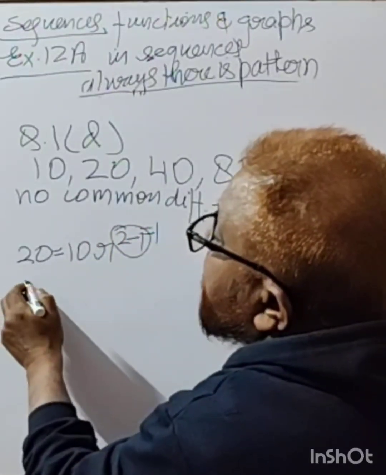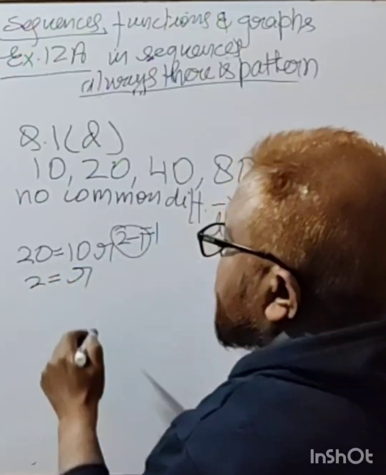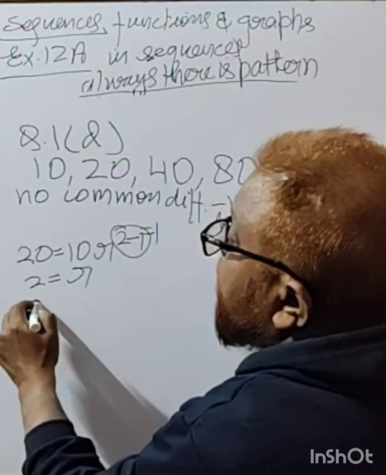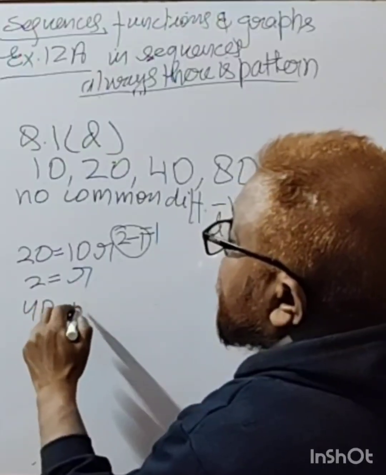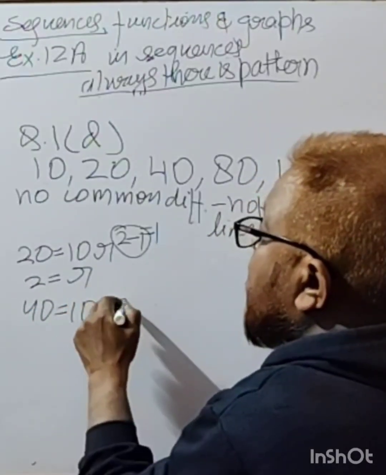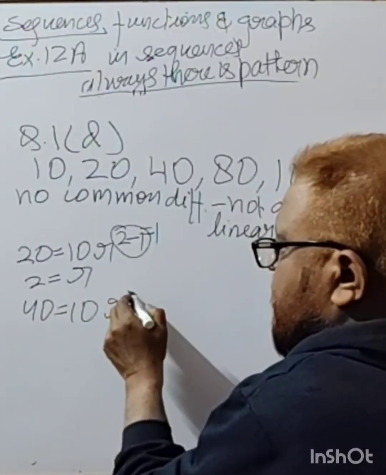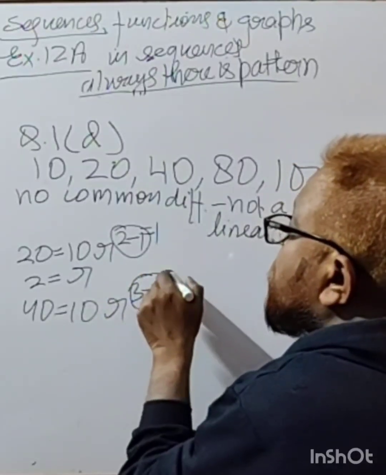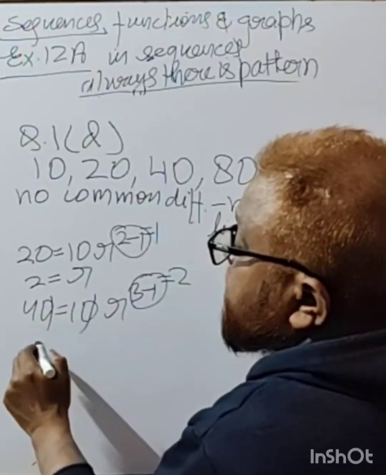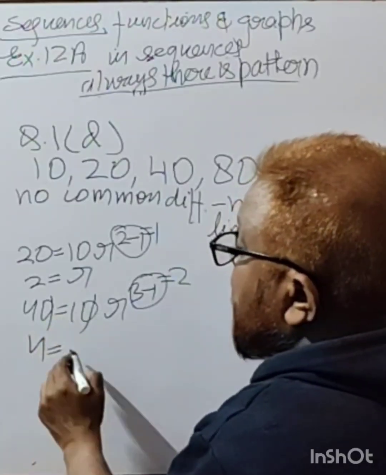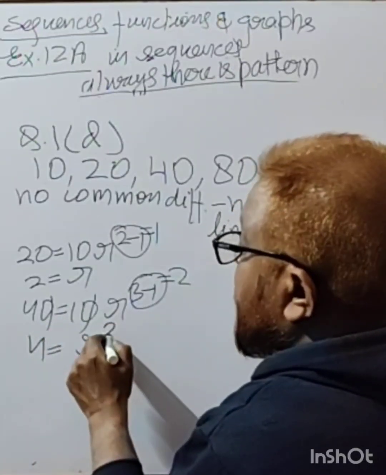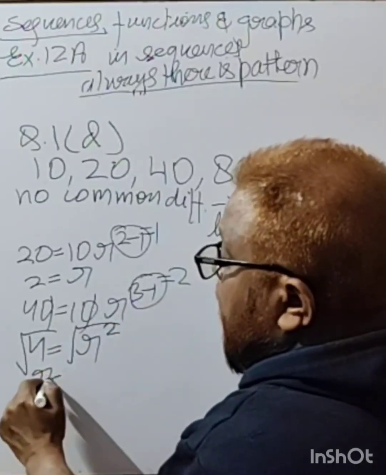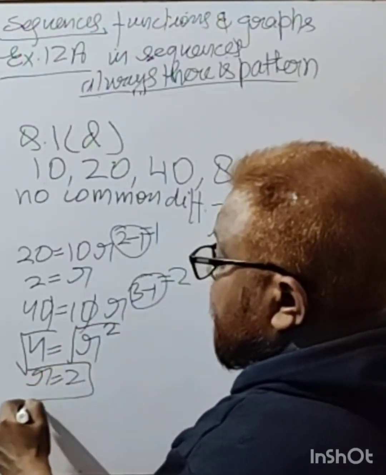It becomes 2 is equal to r. Then the third one, 40 is equal to 10 r raised to 3 minus 1, it becomes 2, this cancels, so r squared, taking root over both sides, r is equal to 2.